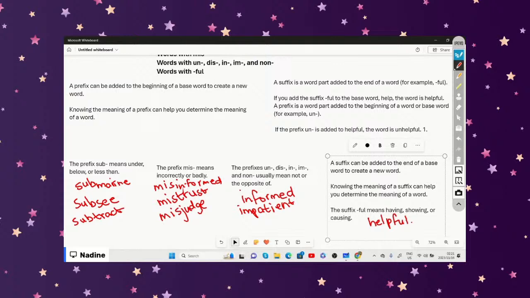So these are a few of our examples right at the bottom, of our prefixes as well as our suffixes.